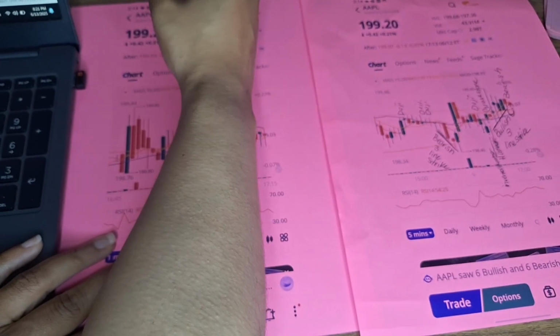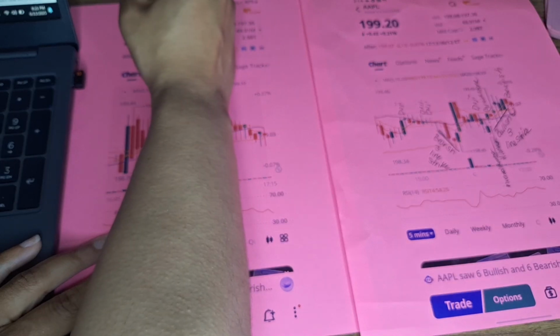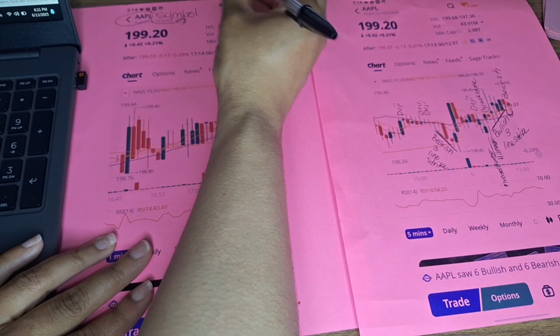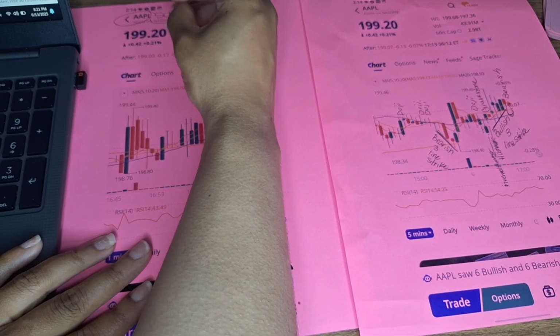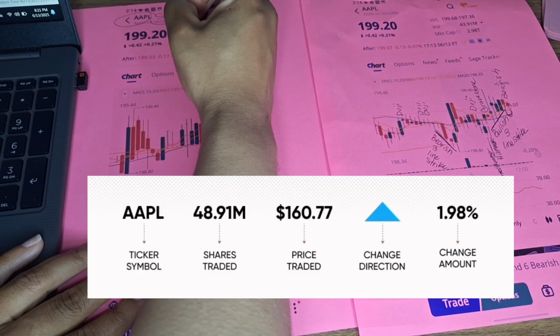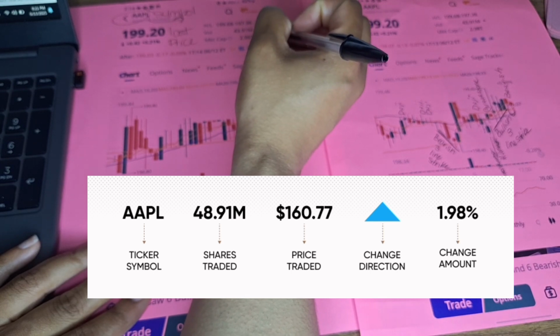Okay, we're just gonna hop over to my desk view. That's what you're seeing here. I have a 5 minute Apple chart and a 1 minute Apple chart that I am indicating. Just to start off with the top of the paper, we have the stock symbol, price, change, and change amount.